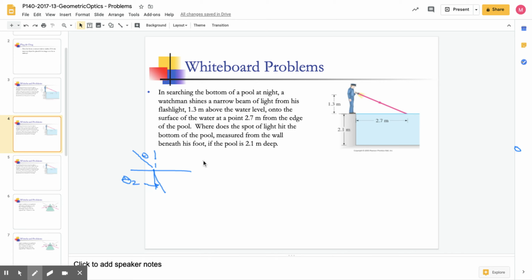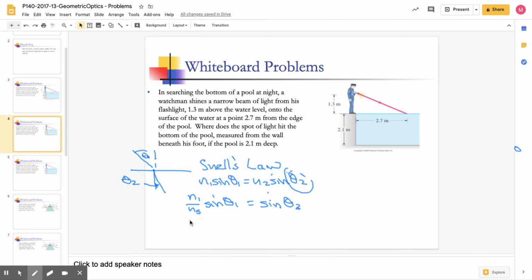We're going to use Snell's law, which says n1 sine theta 1 is equal to n2 sine theta 2. We know theta 1 is 64, and we expect theta 2 to be smaller. To solve for theta 2, we divide both sides by n2, so n1 over n2 times sine theta 1 is equal to sine theta 2.